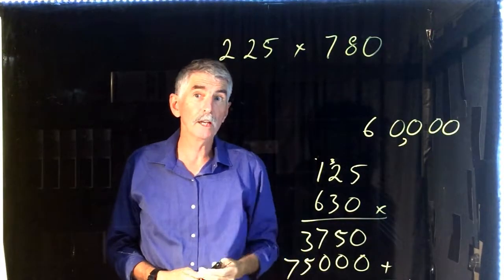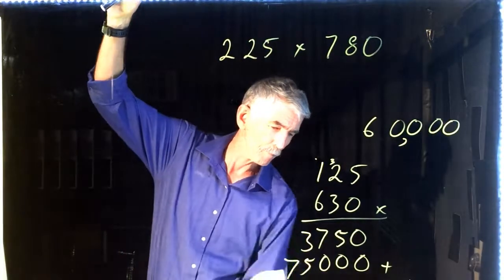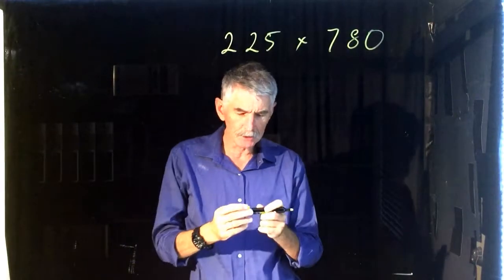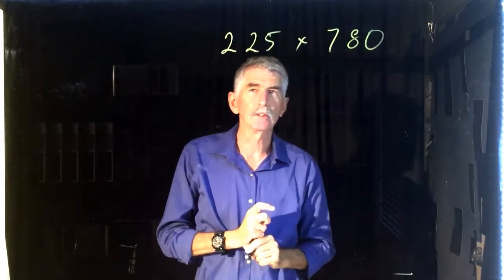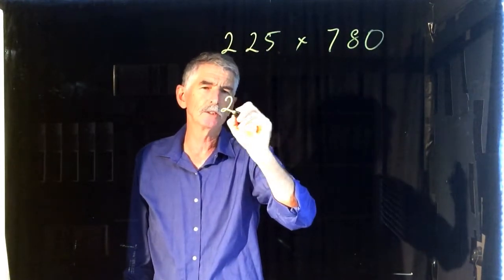So if you'd like to pause now, and you do that. Right, so now that you're back with us, how about we round these off to the nearest 100? So 225, because it's less than 250, is going to round down to 200.